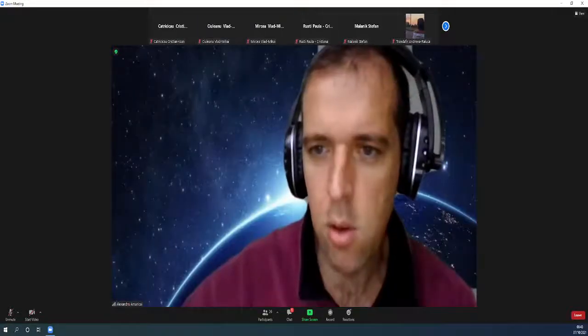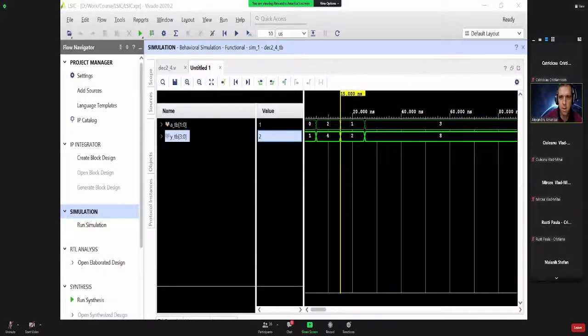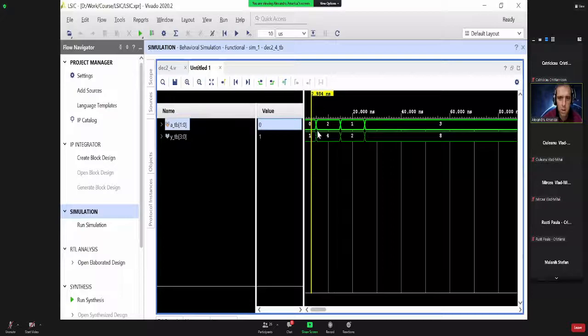Okay, I have also done the simulation in Vivado. What I wanted to show is that here you have the change in the input. The input goes from 0 to 2, and you have an instant change in the output, not keeping in mind the gate delays.